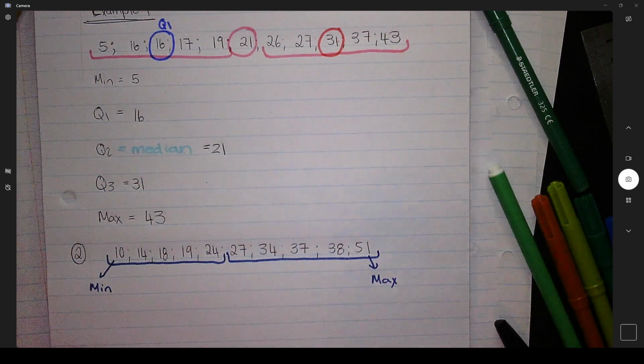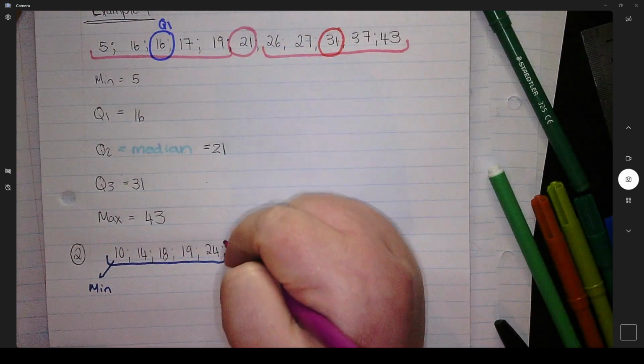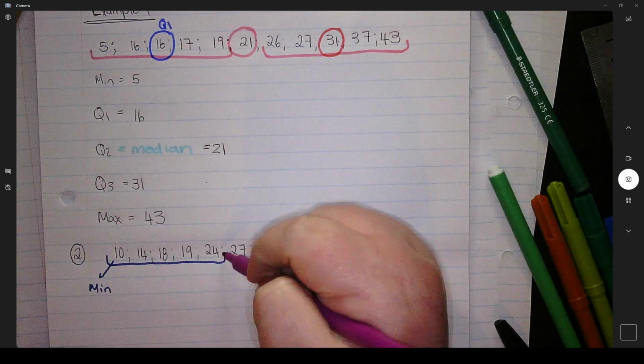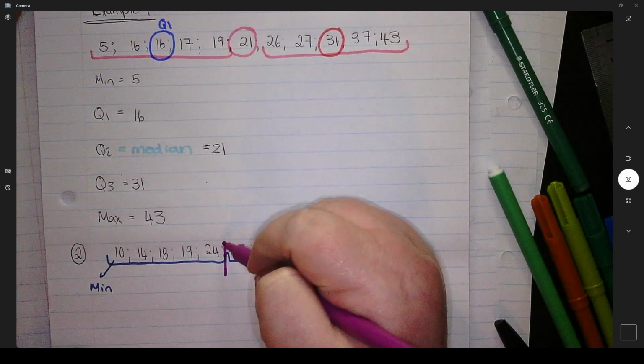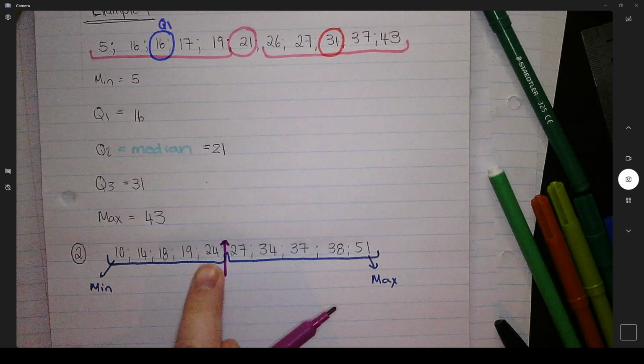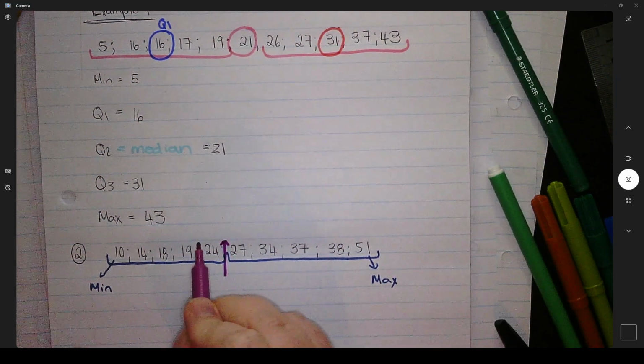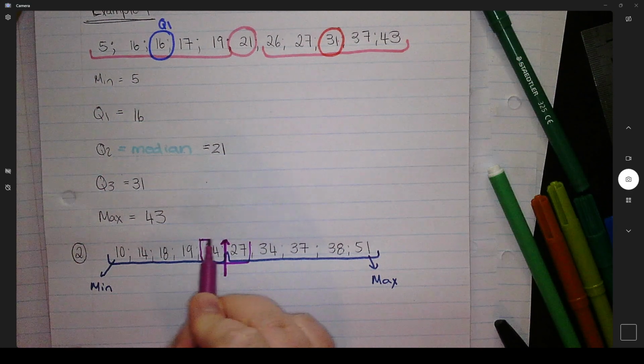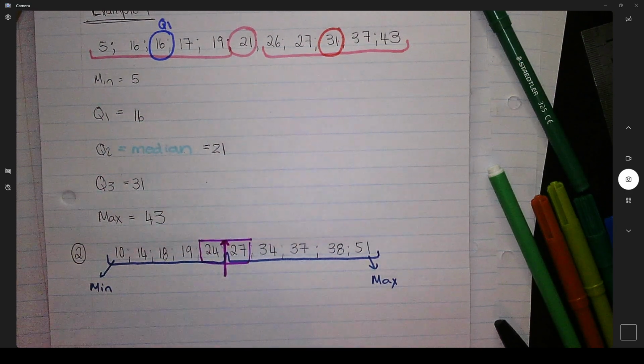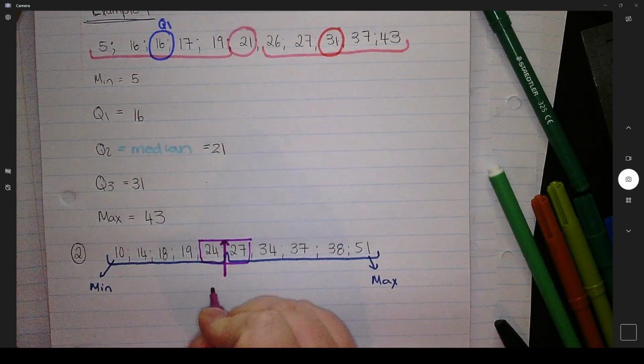To find the quartiles, we start with quartile 2, which is the median of the entire data set. So, the median is going to be exactly halfway between 24 and 21. So neither 24 nor 21 are actually our median. They're both in the middle. So the median lies exactly halfway between them.